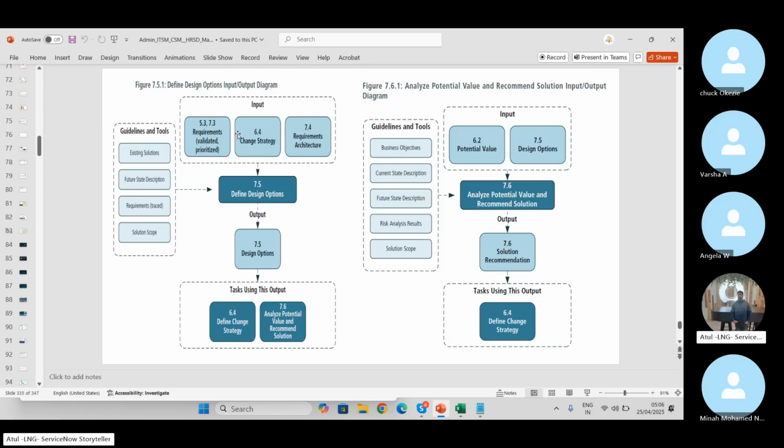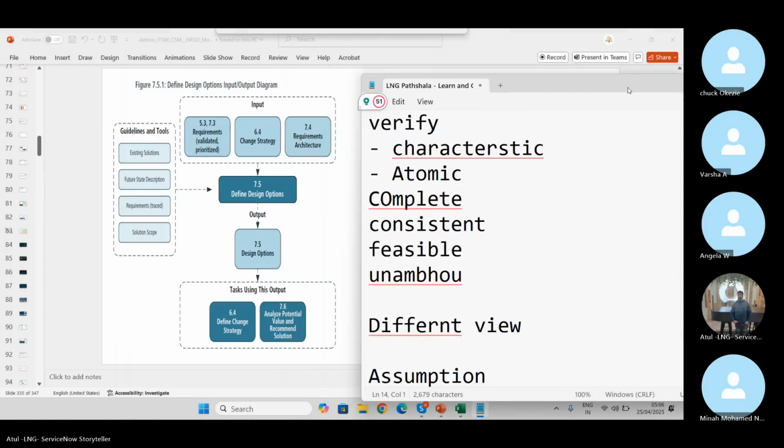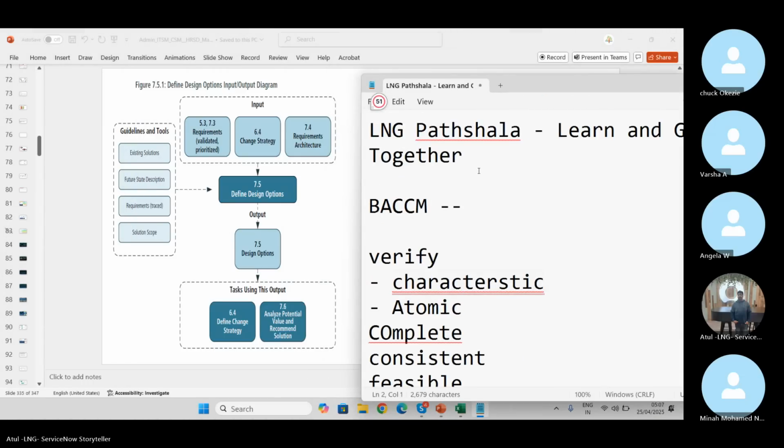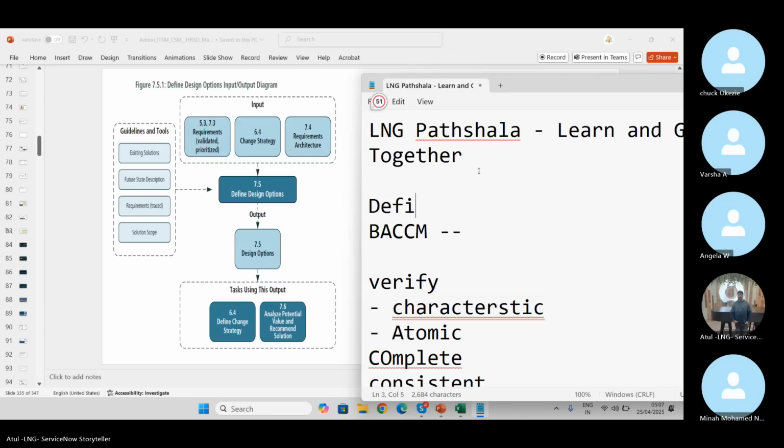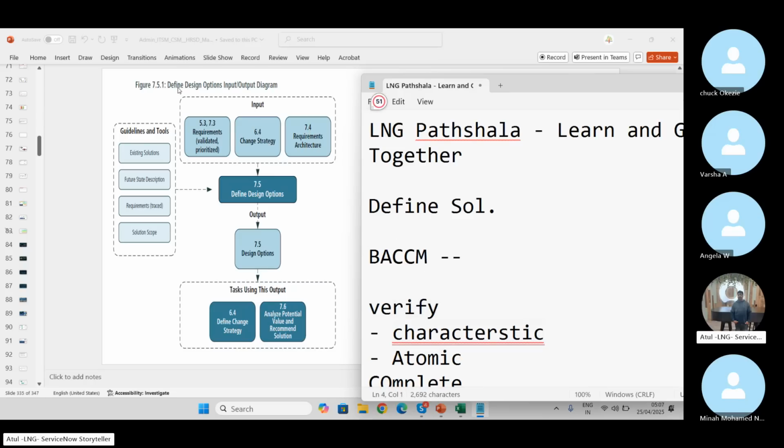Now, when you define the solution, what is the main element here? Here you are not finalizing it, you're defining it. So when you're defining the solution, number one is the approach.